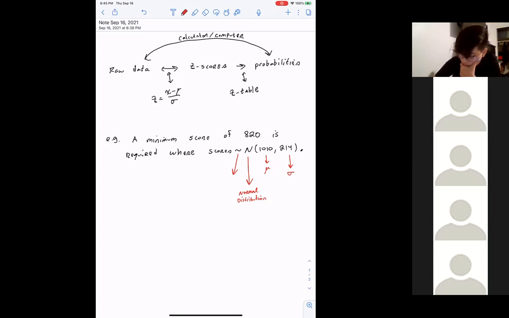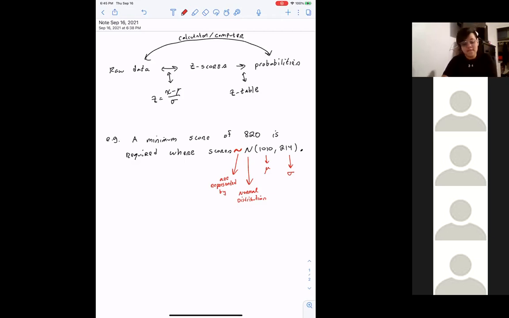The twiddle in front just tells you that you're dealing with a distribution. So this little twiddle in front just says that the scores are represented by a normal distribution whose mean is 1010 and whose standard deviation is 214. And we need a minimum score of 820.